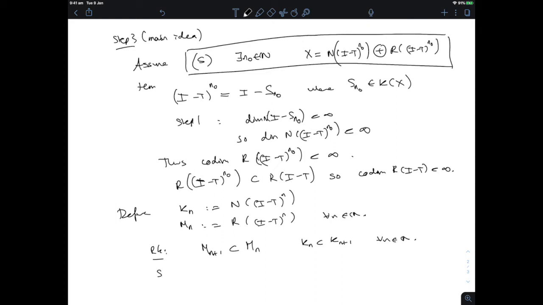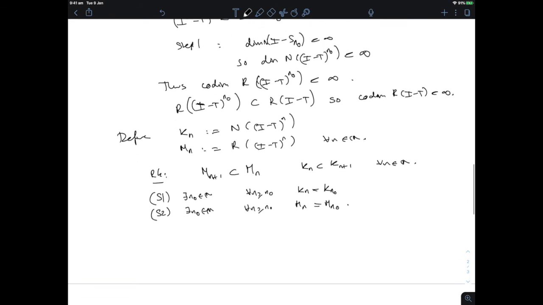So now I'm going to introduce two conditions. The condition S1, which is that there exists an n naught such that after that n naught, the K_n's have stabilized, and S2, there exists an n naught such that after that n naught, the M_n's do stabilize.